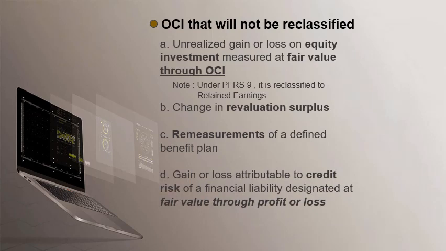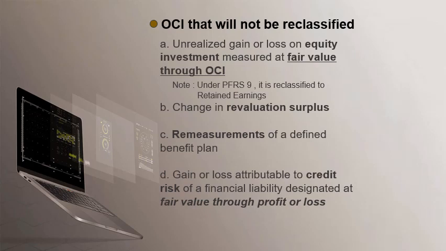Letter D, gain or loss attributable to credit risk of a financial liability designated at FVTPL. We have impairment loss under FVTPL for financial liabilities.